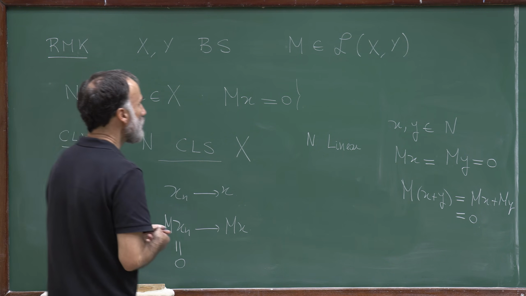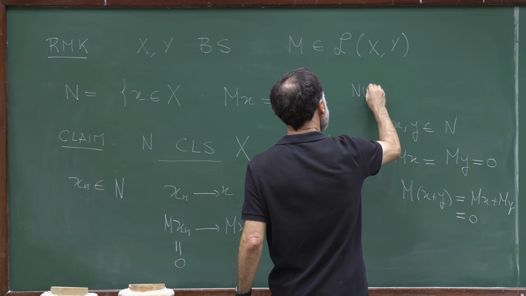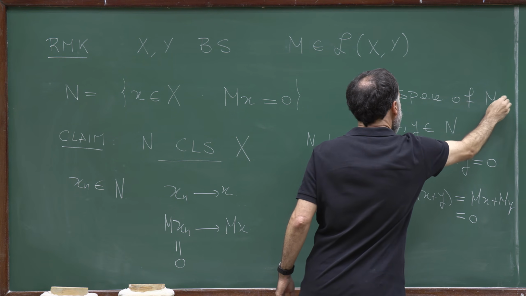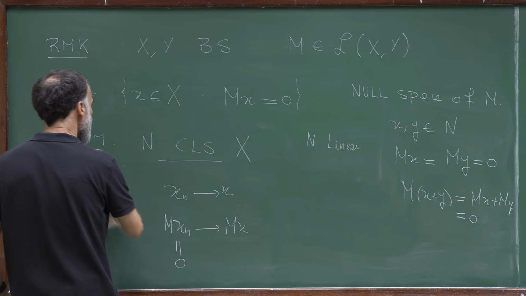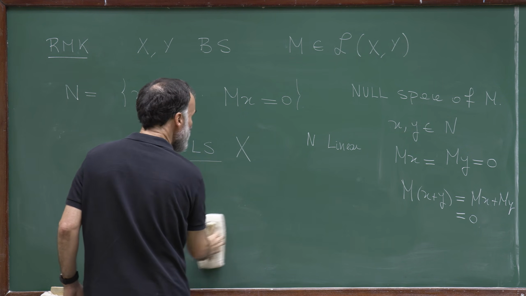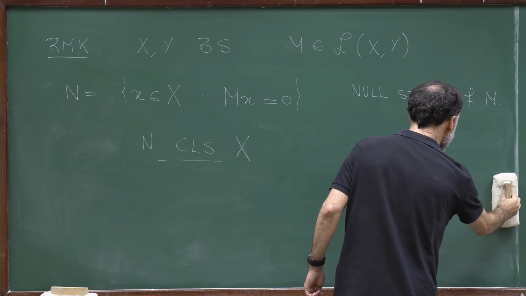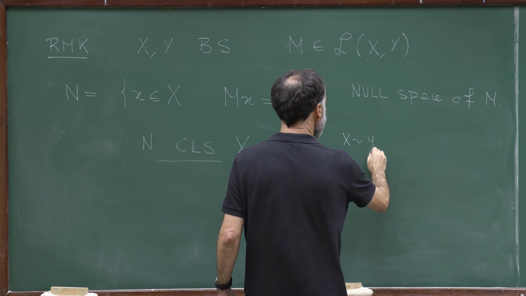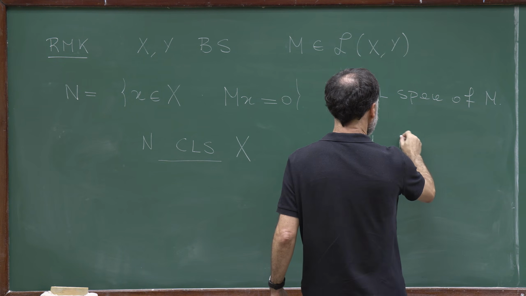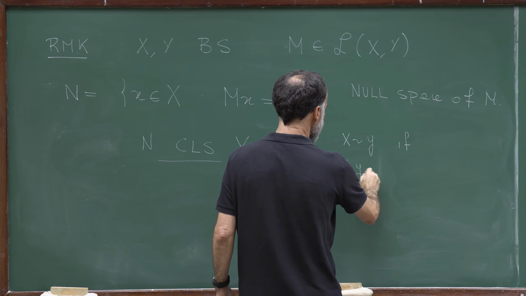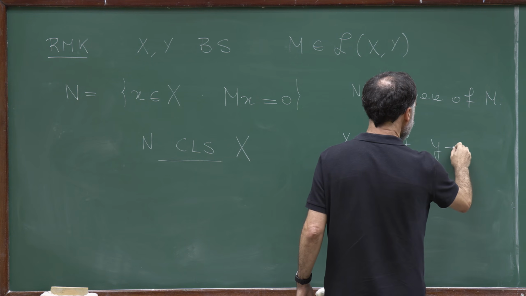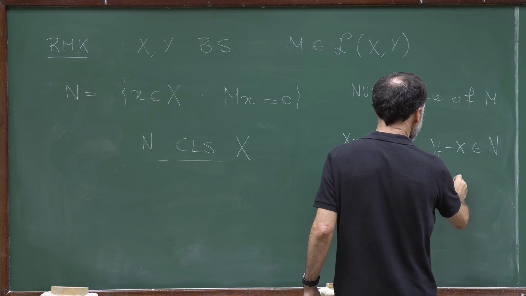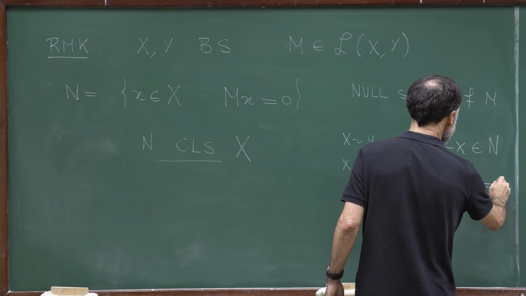So let me call this space N the null space of M. We just proved that it's a closed linear space, and therefore we can define an equivalence relation by saying that x is equivalent to y, with x and y in X, if y minus x belongs to N, which is the same thing as saying that M of y minus x is equal to 0.